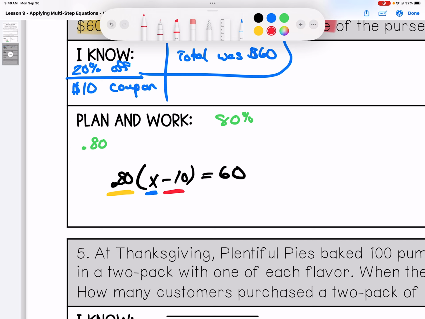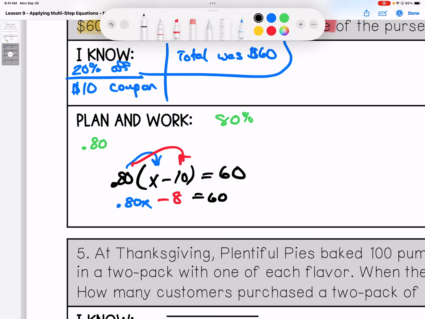So now let's work that out. You would go 0.8 times x, and then you would go 0.8 times negative 10. 0.8 times x is 0.80x, or just 0.8x, either one. Minus 0.80 times negative 10 is negative 8, equals.